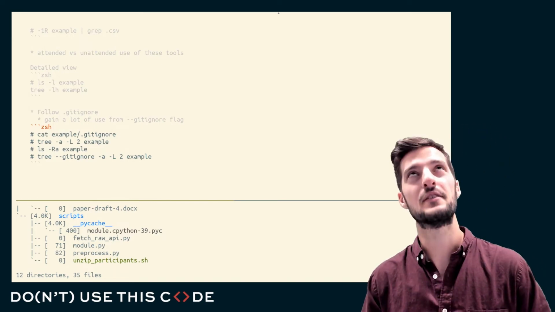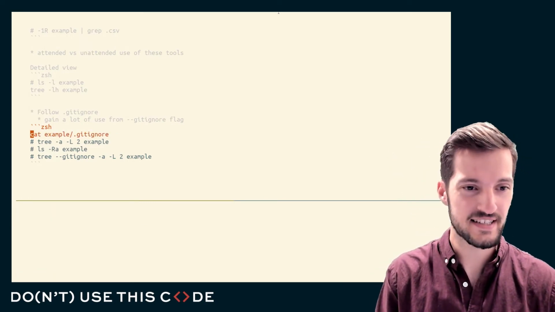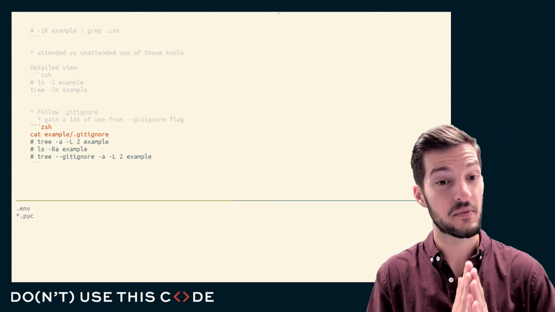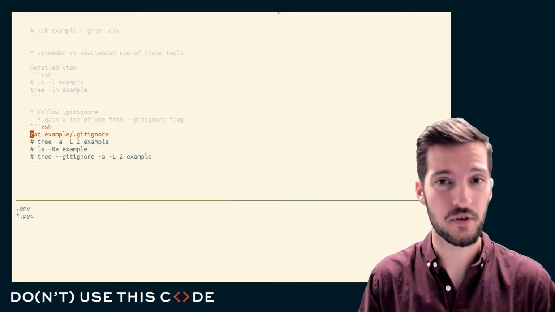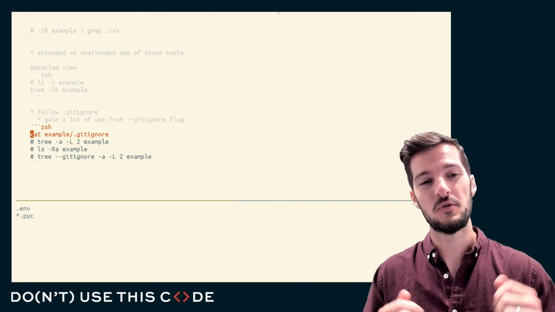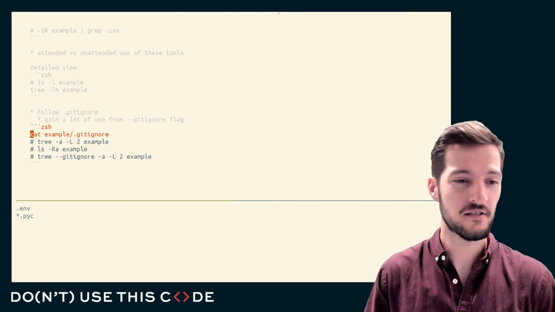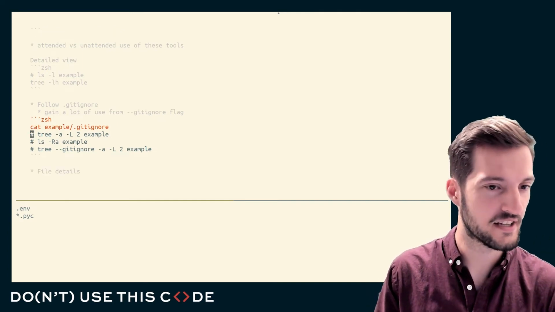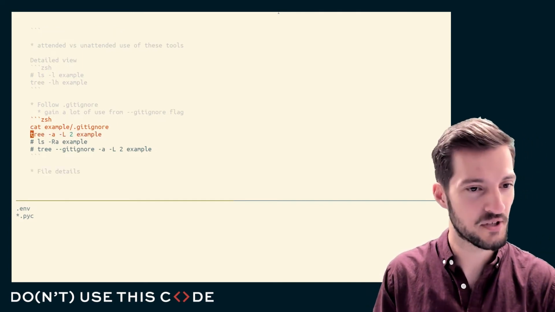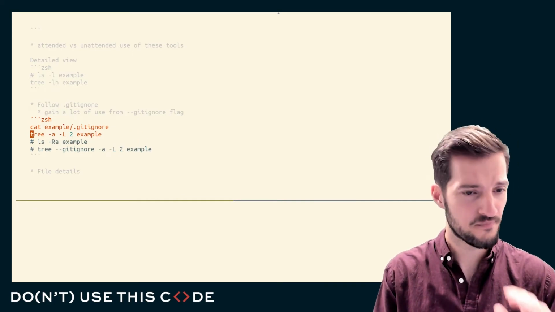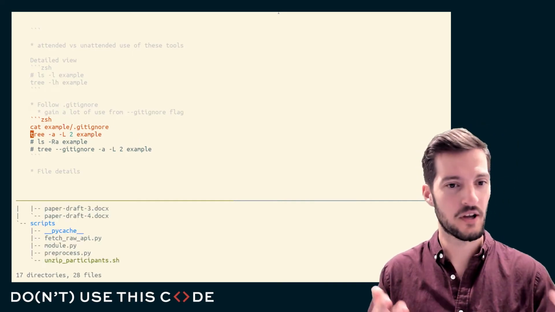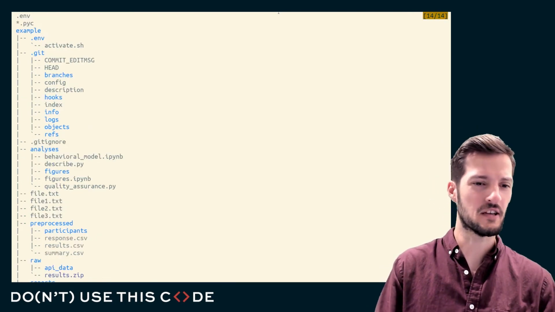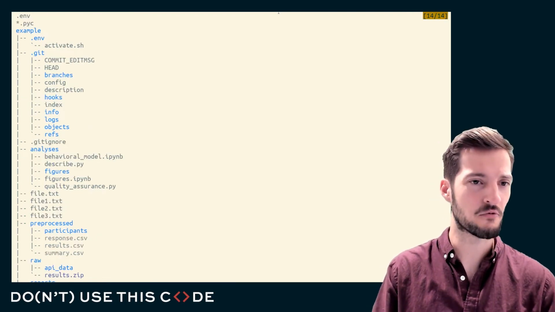One of my favorite things about tree has got to be the fact that it follows the .gitignore file. So if you're in a git directory, it will detect your .gitignore file, read it, and say, I see that you want to ignore .env files and .pyc files. You haven't seen this yet, and when I run this as I have before, you'll see that we're not ignoring anything from git right now.